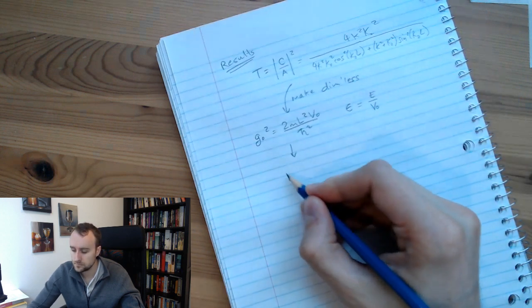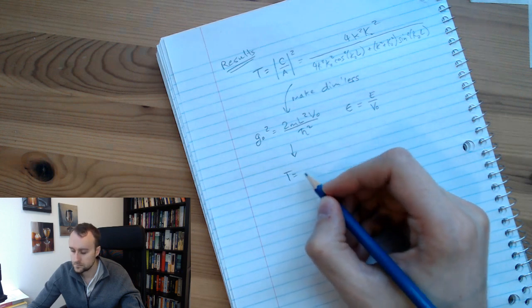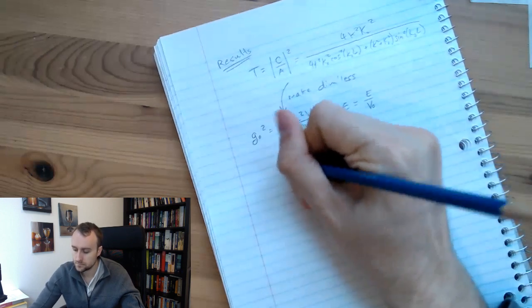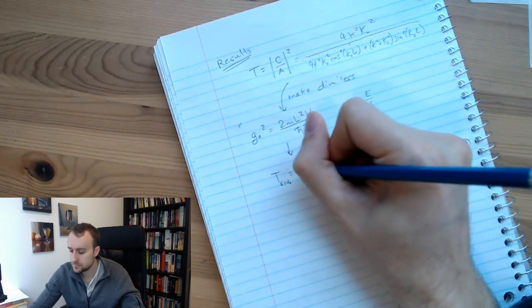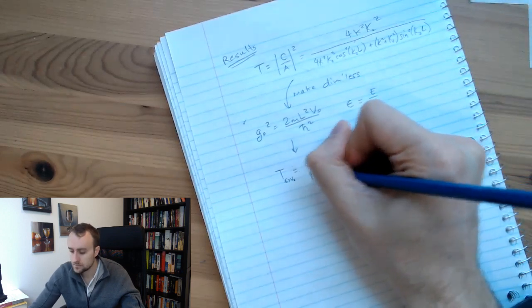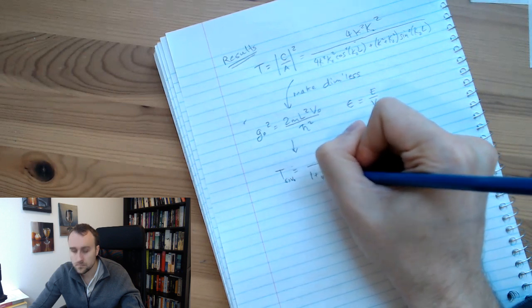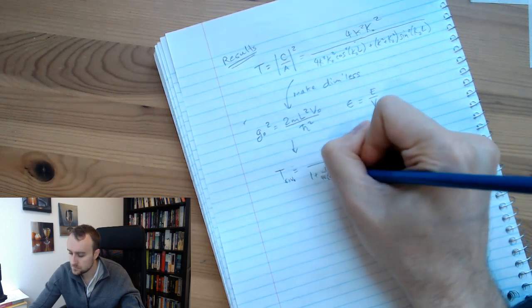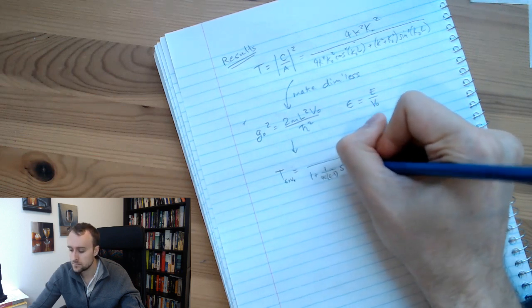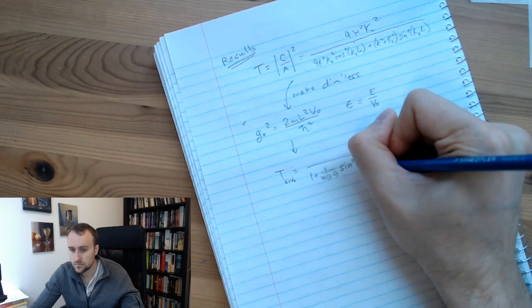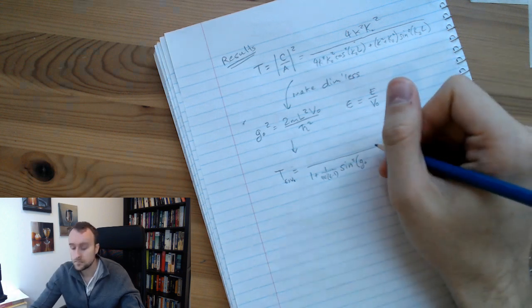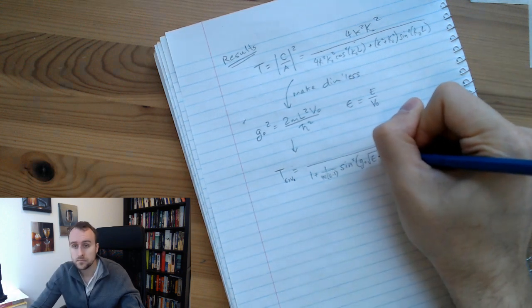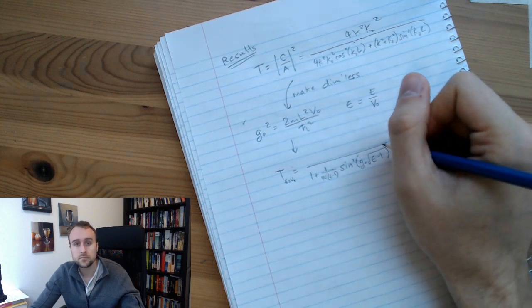It's T for the energy greater than V naught is equal to, still long, but 1 plus 1 over 4 epsilon(epsilon minus 1) times sine squared of g naught square root of epsilon minus 1, all to the power of minus 1.